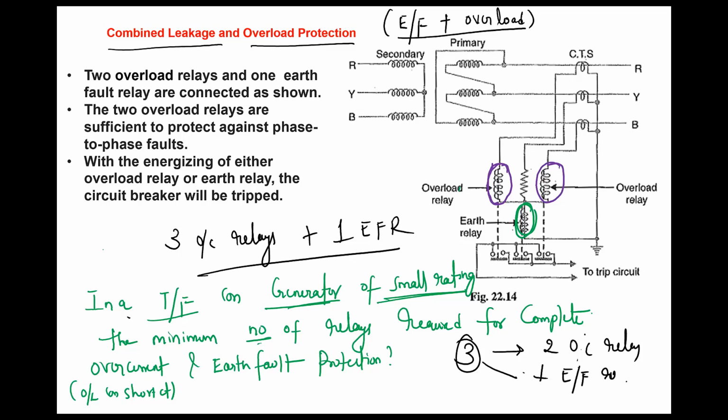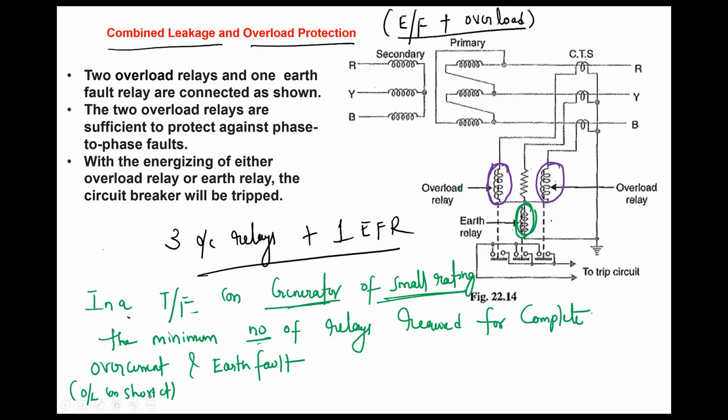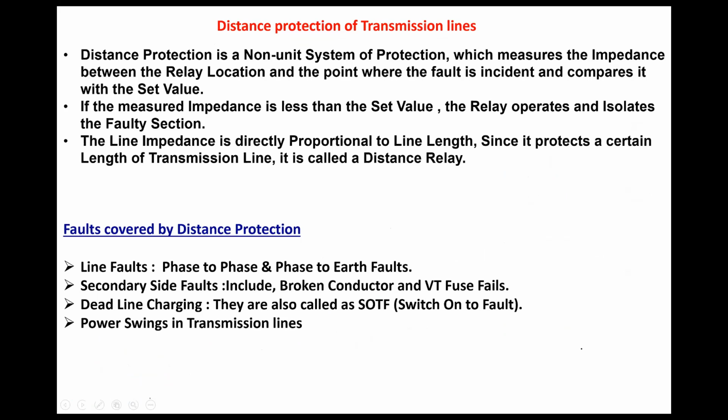Here we are reducing one overcurrent relay. For smaller rating machines, they implement this scheme. So remember this point. Understand?